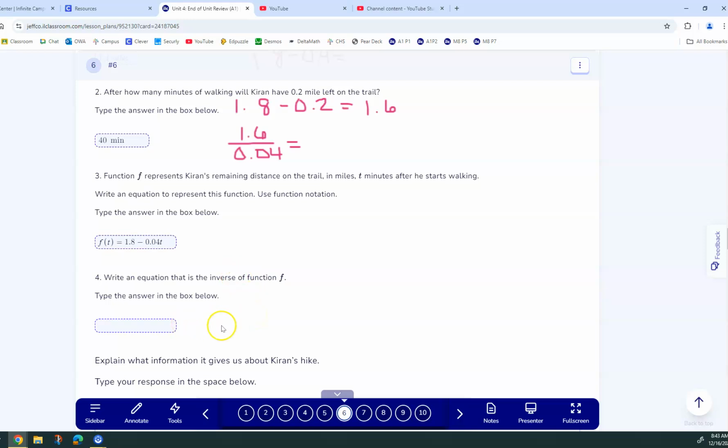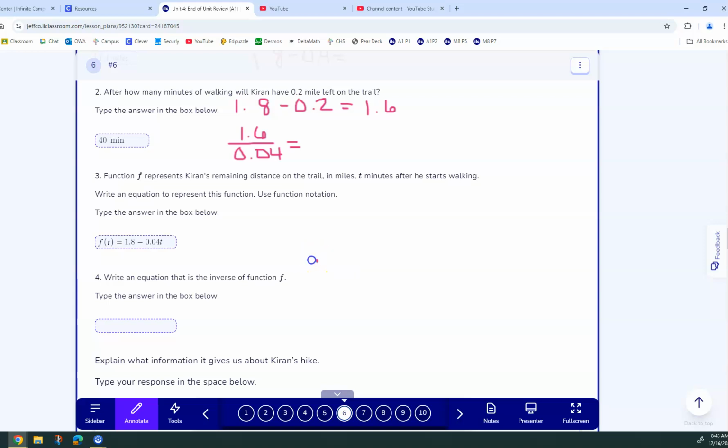This next one sounds a little bit funky, but it's really not. Write an equation that is the inverse function of f. So this is our function, f of t, the distance in Kieran's hike as a function of time. The whole trail is 1.8 miles. He travels at 0.04 miles per minute.